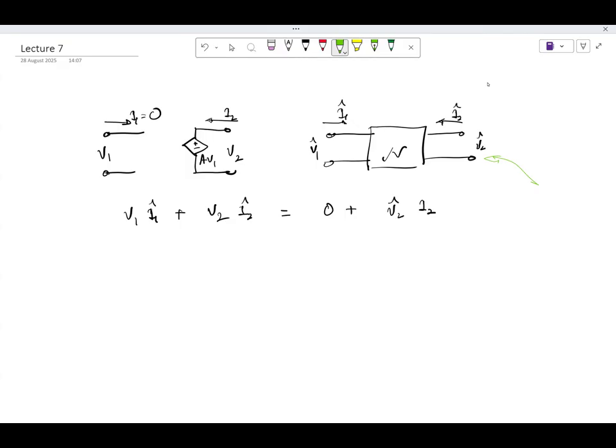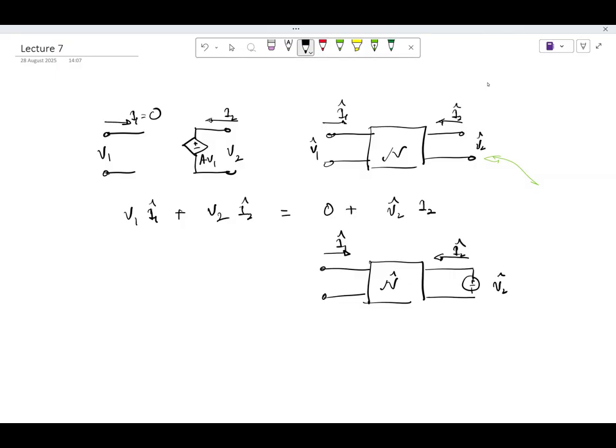There are only two options. If we apply a voltage excitation, for example, what does it come up to? So I apply a voltage excitation. I am not sure what I have to do at port 1, so I've left it as is.